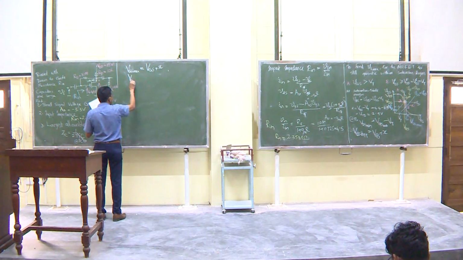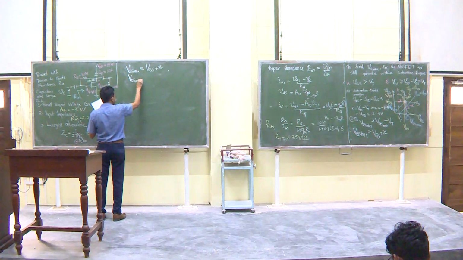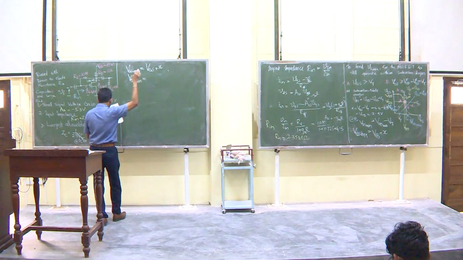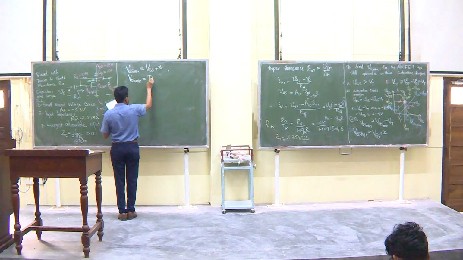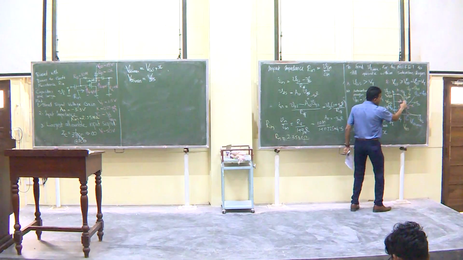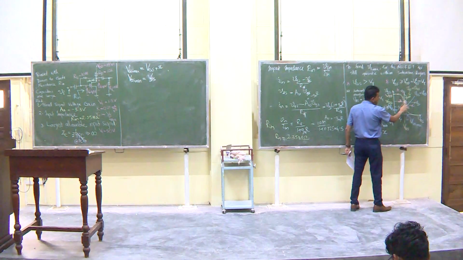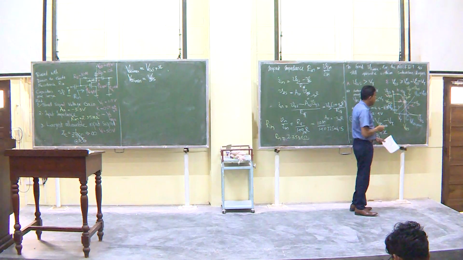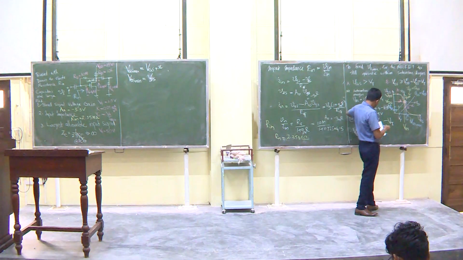Similarly, we can write VDS min, looking at this axis, is equal to VDS operating point minus this amount. Let us call this amount y.